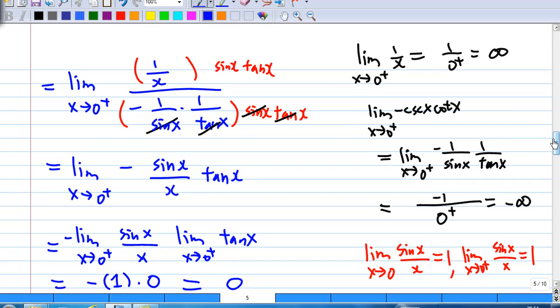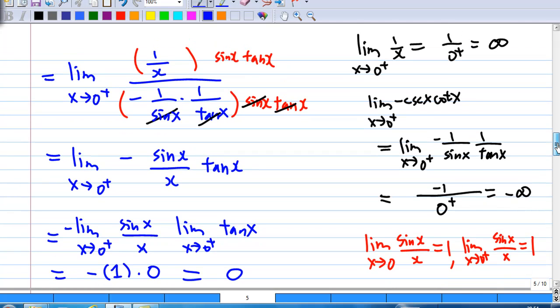If you apply L'Hopital's rule, your differentiation will get even more messy. So instead, I simplify the expression and use the result that sine x over x has limit 1 as x approaches 0.